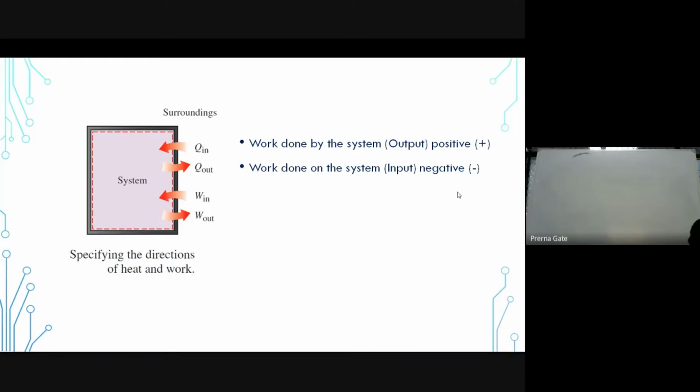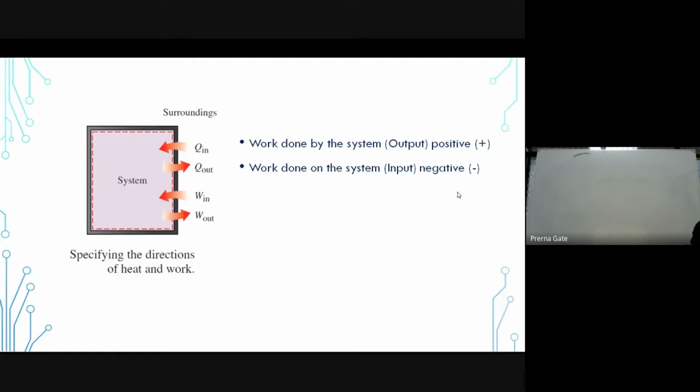I would like to give a simple example: if our system is gas, and it is working to move the piston, then there is work output, so it is positive. And when the piston compresses the gas, if the gas is the system, then work is done on the system and it is negative.